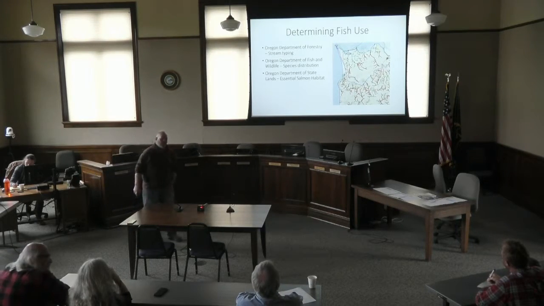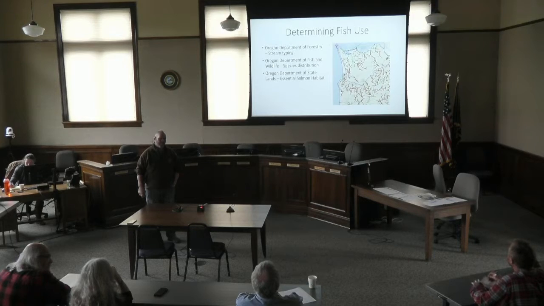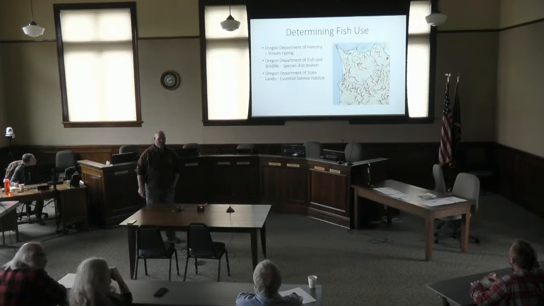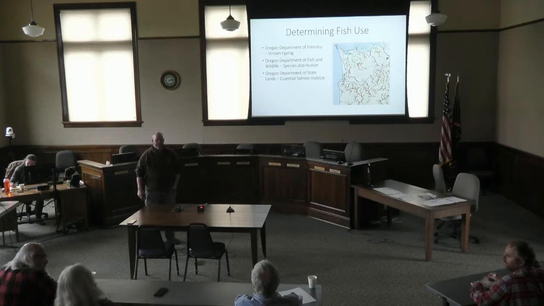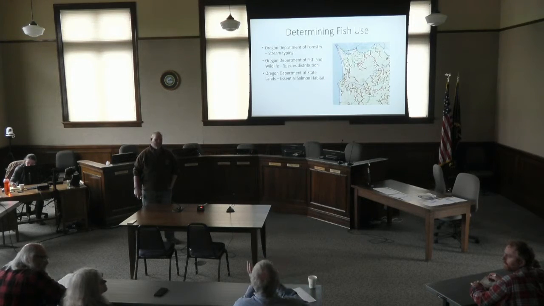Is there any consideration given to wetlands that are hydraulically connected to a stream and provide habitat for fingerling fish? Is that included on somebody's map or not? Well, it wouldn't be.